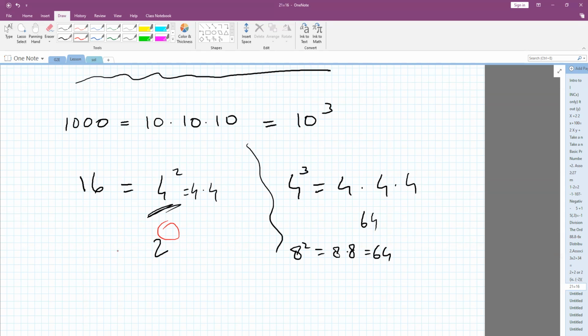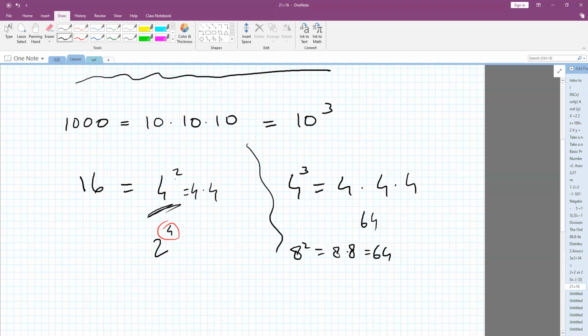What is 2 to the power of 2? 2 to the power of 2 is 4. Now 2 to the power of 3 is 8. Now let's do one more. What about 2 to the power of 4? 2 to the power of 4 is 16. Oh yeah.